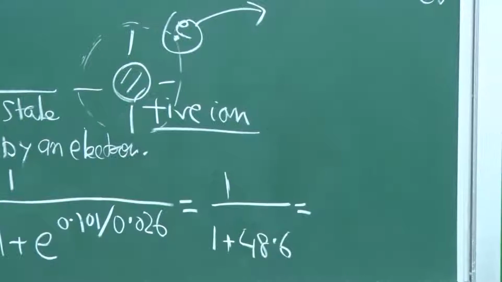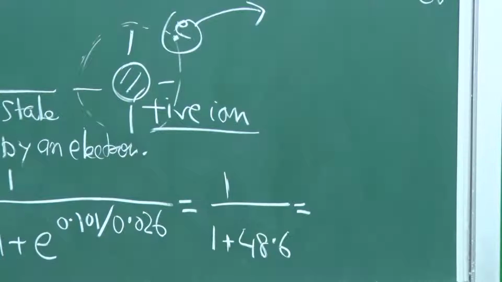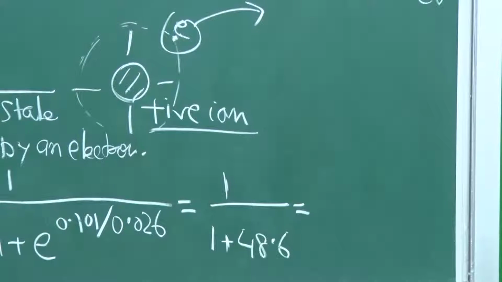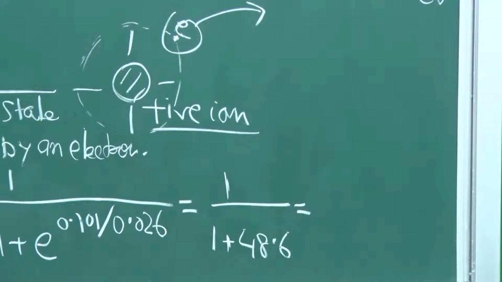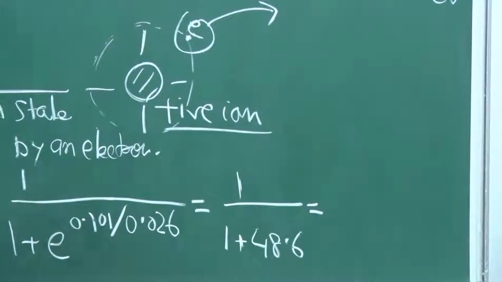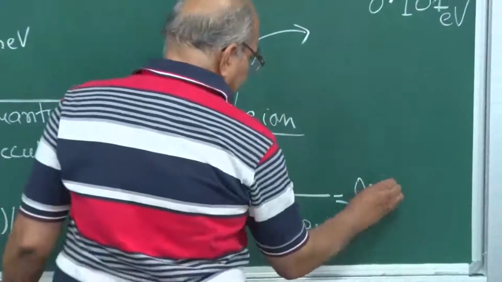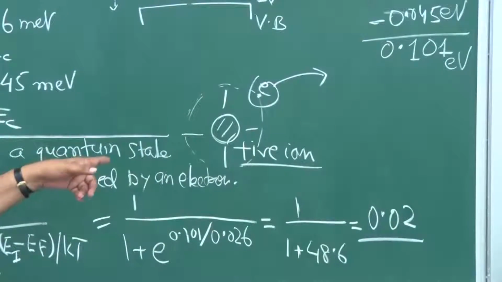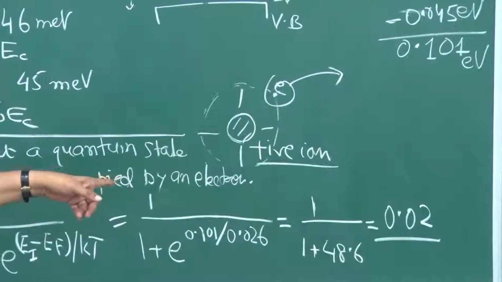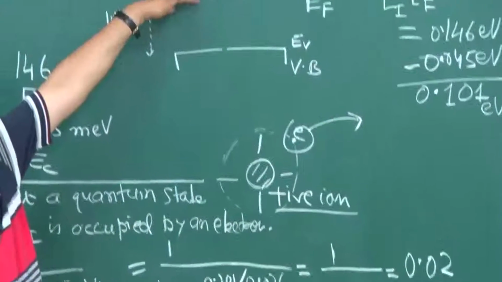But still let me do that: 1 divided by 49.6 equals 0.0201, so almost 0.02. This is the probability of one quantum state being filled here.